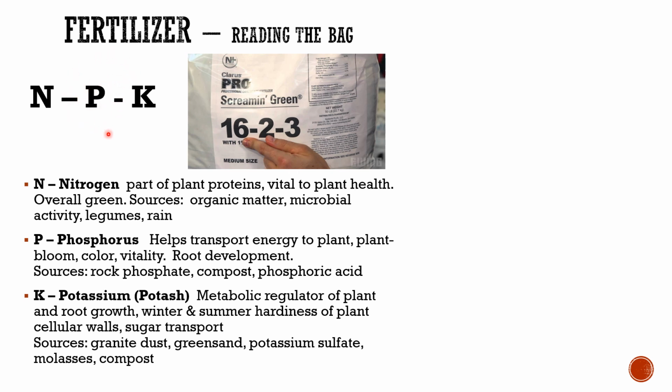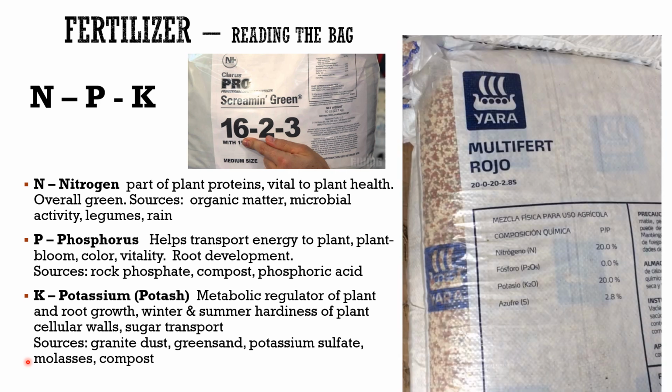Now, interestingly, the NPK is kind of an international set of numbers that you will find. A few years ago, I was in Guatemala, and we were just hanging around in a town, and I happened to be leaning on a doorway leading to a small store, and I saw all these bags stacked up.